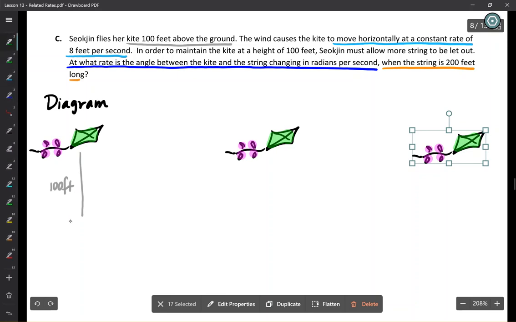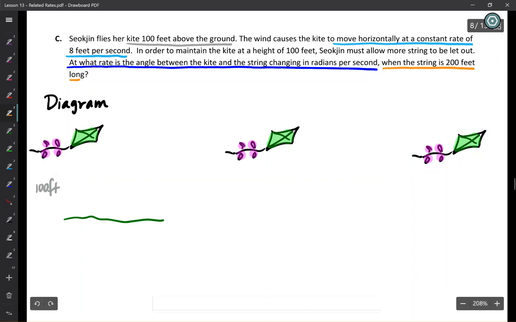Here's my ground. And initially, it's right above her. Here's my string. We're making an assumption that it's going from the ground. It's 100 feet, we should say, maybe from her hand, right? She has some height. But there is the piece of string, and it is being let out.